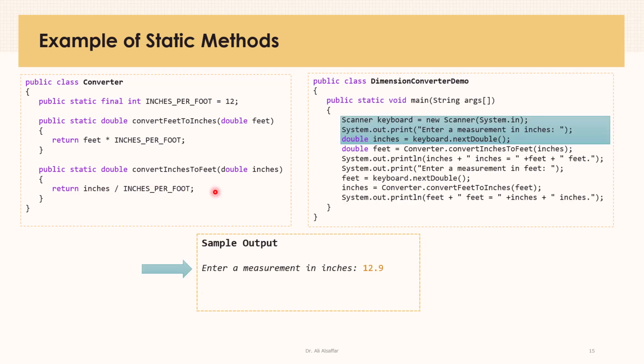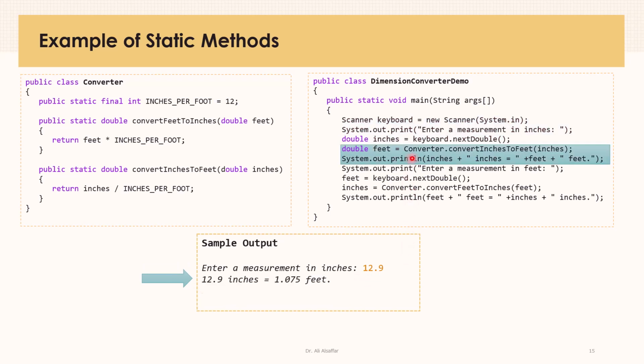For demonstration, we have created a demo class that uses the Converter class. First, as you see, we ask the user to enter a measurement in inches. And as you see, it asked the question, enter a measurement in inches. And suppose the user typed 12.9. Then we will call the static method convert inches to feet by using the class name.